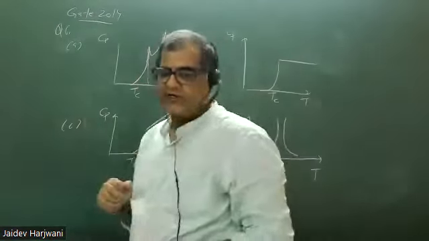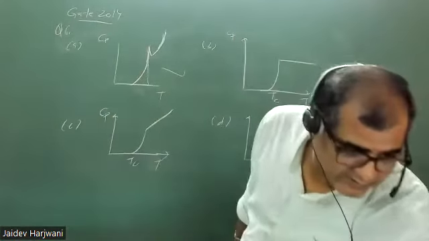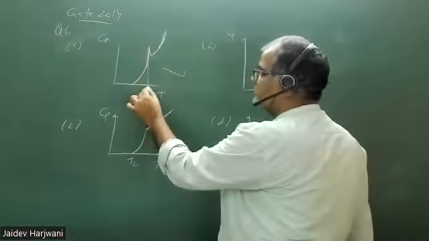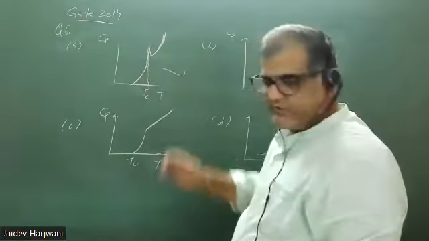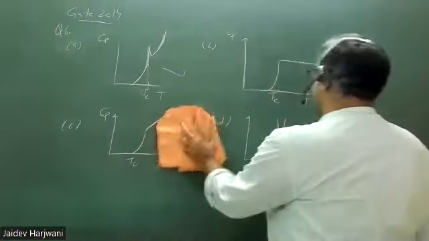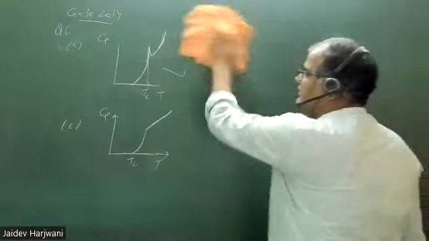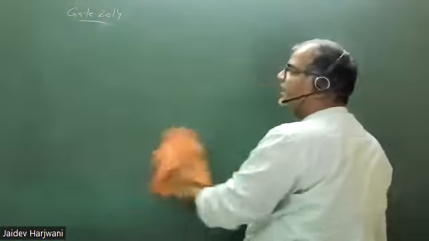The conductivity of superconductor is very high at transition temperature. This is not transition temperature. Actually, they have drawn it wrongly. This is your transition temperature TC. So at transition temperature, you have discontinuity. That's why we call this a second order transition. Okay. So with temperature it is second order, and with magnetic field it is first order transition.